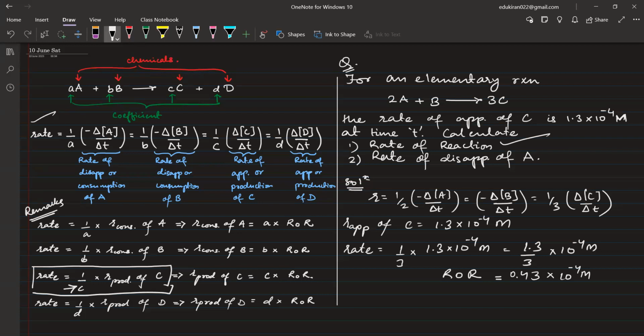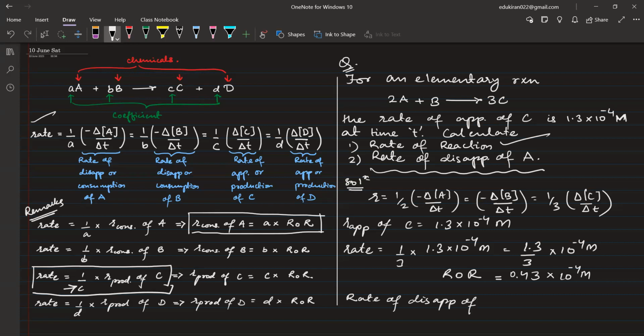Now tell me rate of disappearance of A. See here, rate of consumption of A is equal to a times rate of reaction. कितना आसान है? आंसर बताइए कितना होगा? Sir, 0.86 into 10 raised to minus 4. Easy है? राबिया आपका आंसर आया?